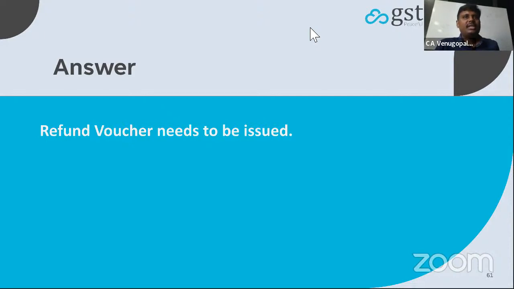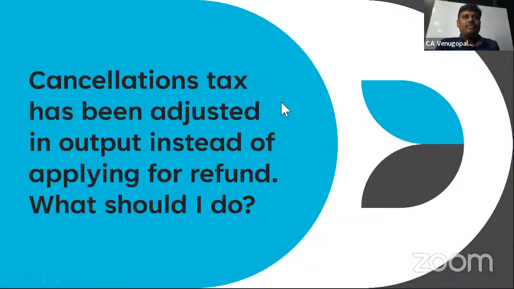The next question is cancellation of tax has been adjusted in output instead of applying for refund. What should I do now? It's like the same thing, the sales credit note or the purchase credit note. These are the common things which have always been done.